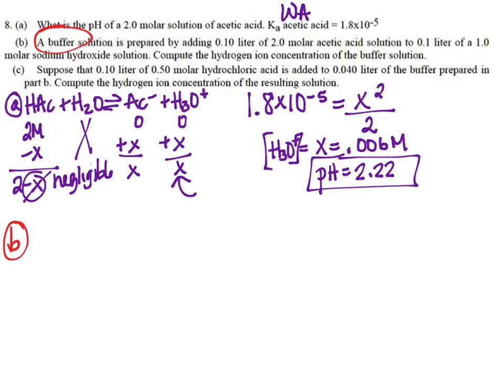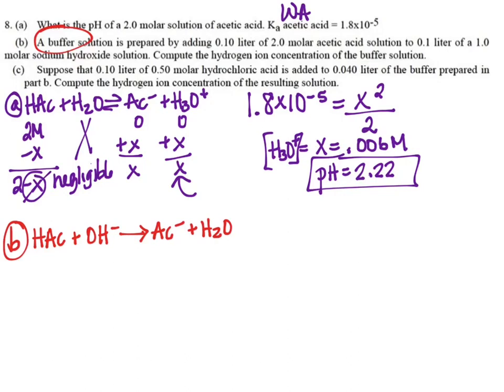So this time we're invading our acetic acid with a hydroxide so that we can make a buffer. So we have been invaded, so that means we need to start out with a mole table, figure out who's going to run out first.